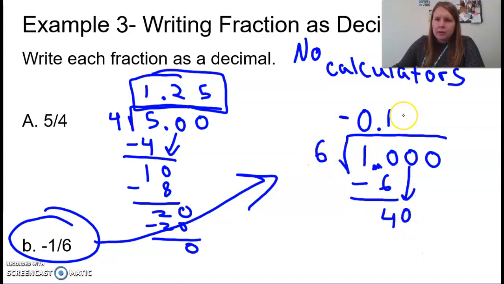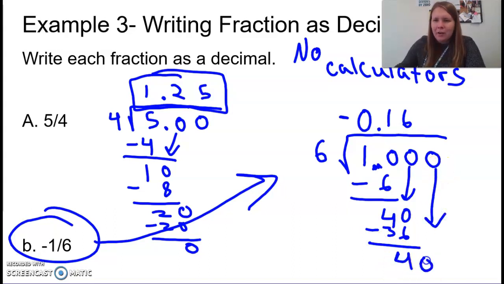6 times 6 I know is 36, so let's go with that. And then I have another 40, and bring it down. Do you notice now I'm going to keep going with 6, and I'm still going to keep doing 40 minus 36, and it's going to keep going and going and going.